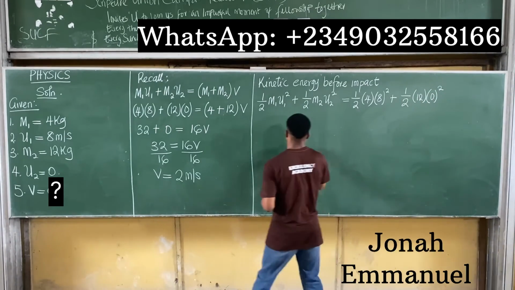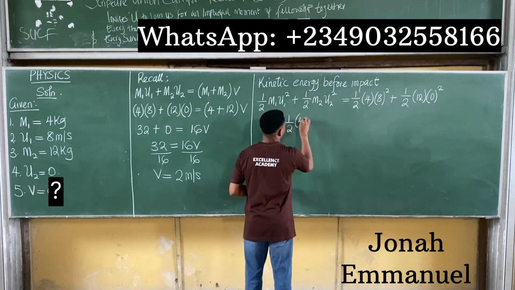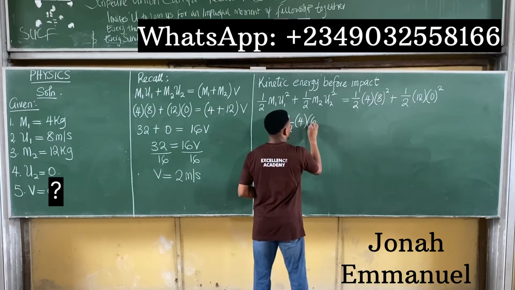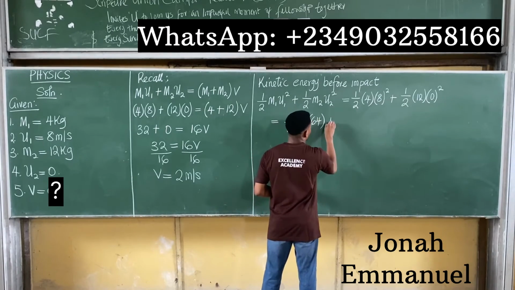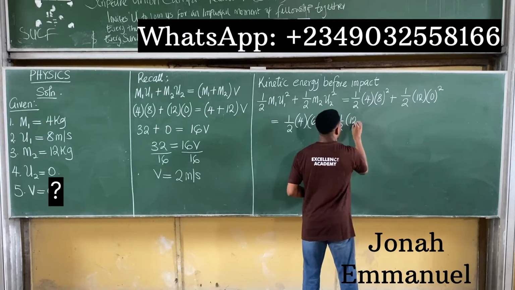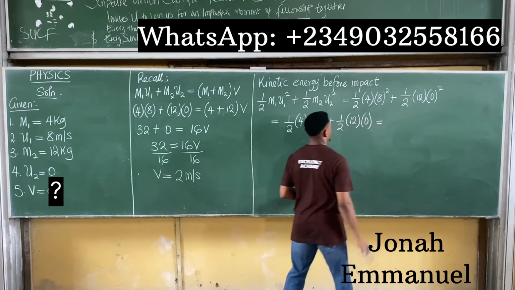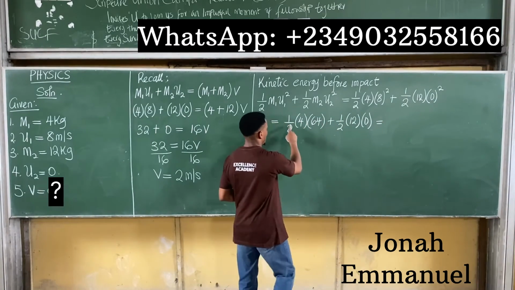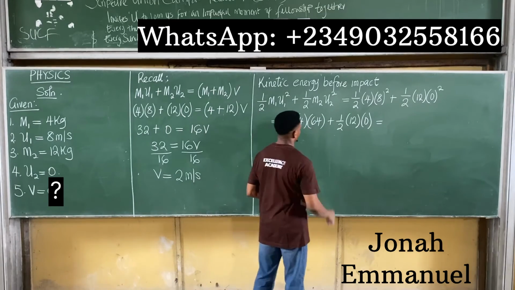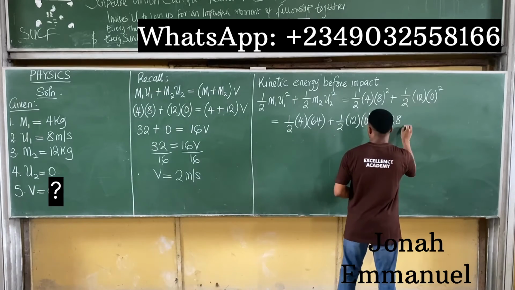So this is equal to half into 4 into 8 squared, which is 64, plus half into 12 into 0 squared, which is 0. Half times 4 is 2, and 2 times 64 gives 128.